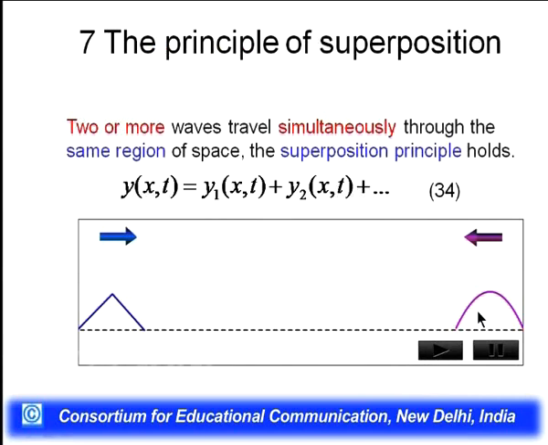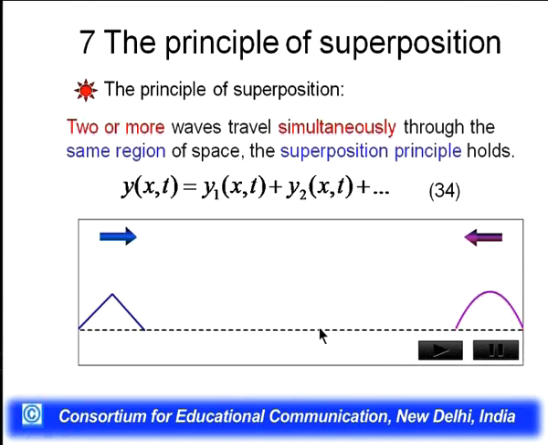Now, what is the principle of superposition? In the principle of superposition, two or more waves travel simultaneously through the same region of space. That is known as the superposition of waves, meaning two or more waves are moving simultaneously.